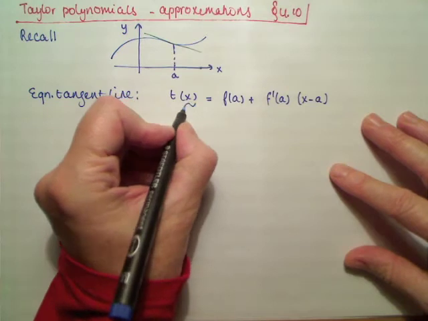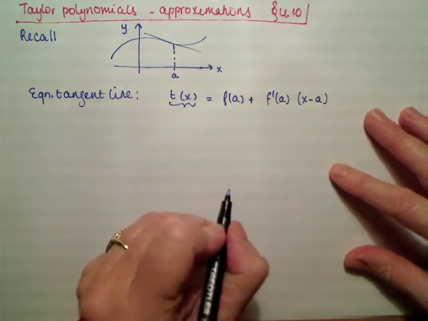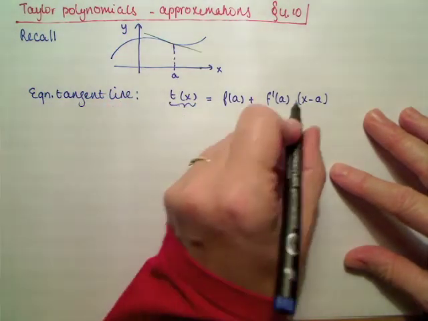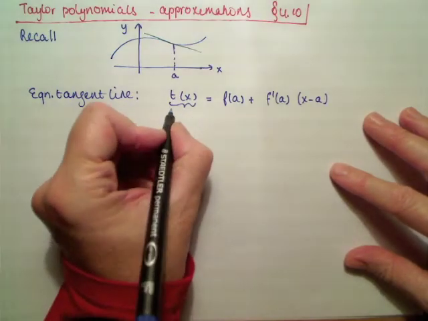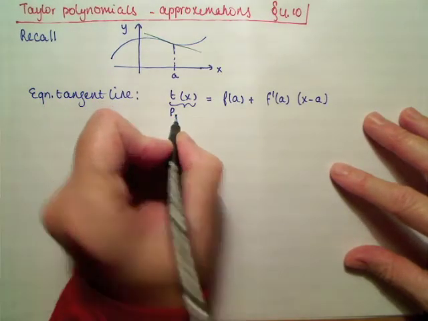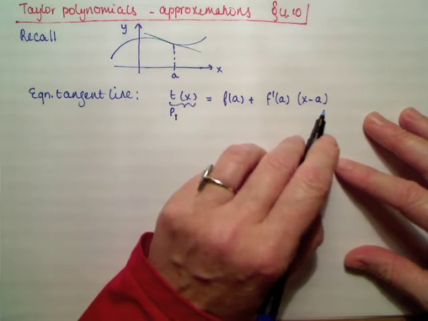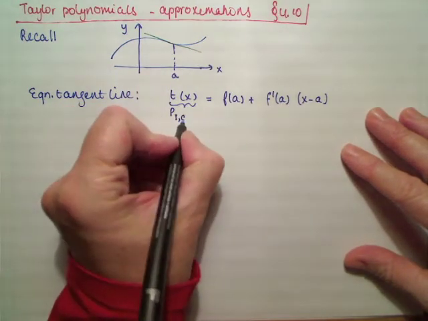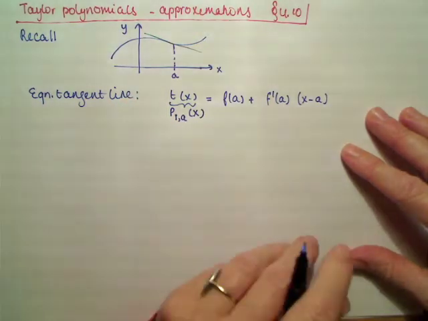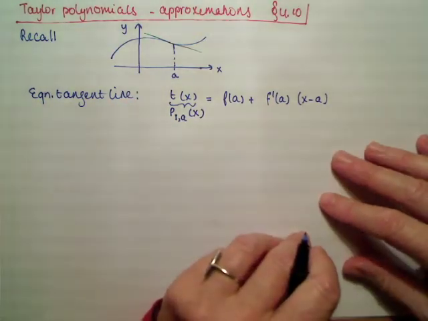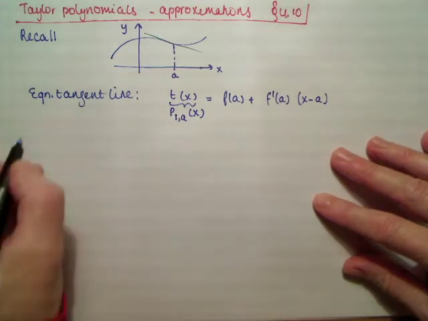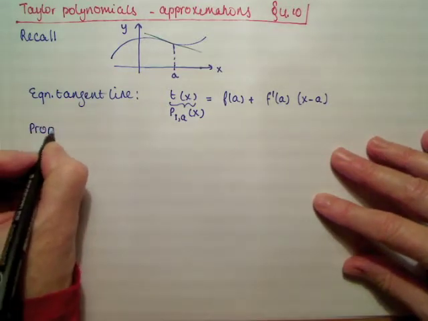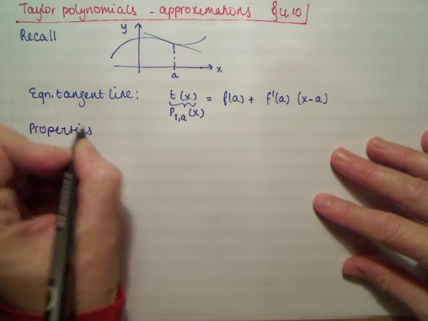Now, for the moment we will not denote the tangent line by t, but since you see that it is a polynomial of degree 1, we will denote it by p1. And since this polynomial is created on the basis of the point A, we will give an index A. So it is called P1 of A, the tangent line. What are the very important properties of this tangent line, this P1A?